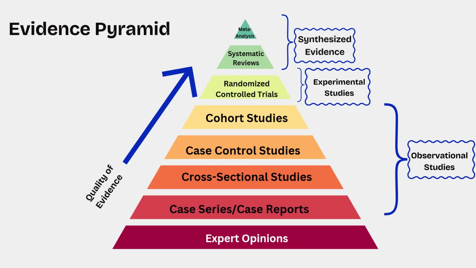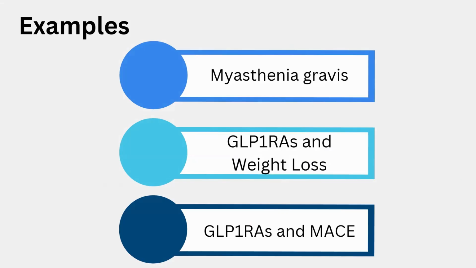It's the very minimum you would want to share with any P&T committee. Ideally, you're looking for higher quality evidence like systematic reviews and meta-analysis, but if you don't have any of those, then indirect evidence is a way to compare and to inform the value of this drug. So I have a couple of examples for you.